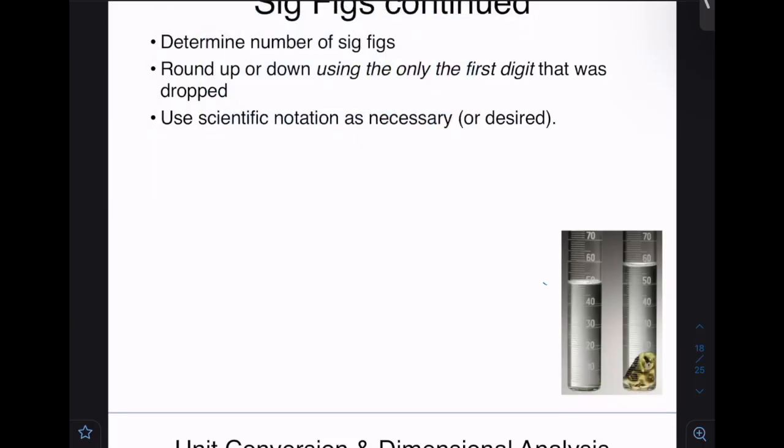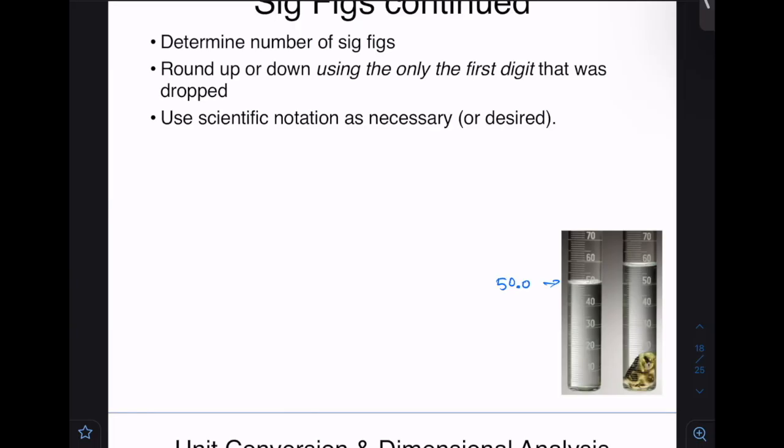So we started here at 50.0 milliliters. By the way, when you do these measurements in lab and you measure that value is 50.0, those are all your significant digits. Even if your measurement is right on the line and that line happens to be a 0, you still put the 0 in.